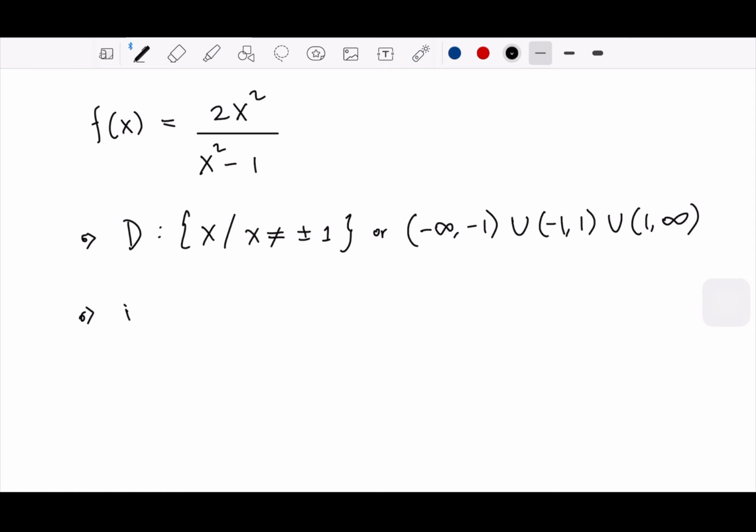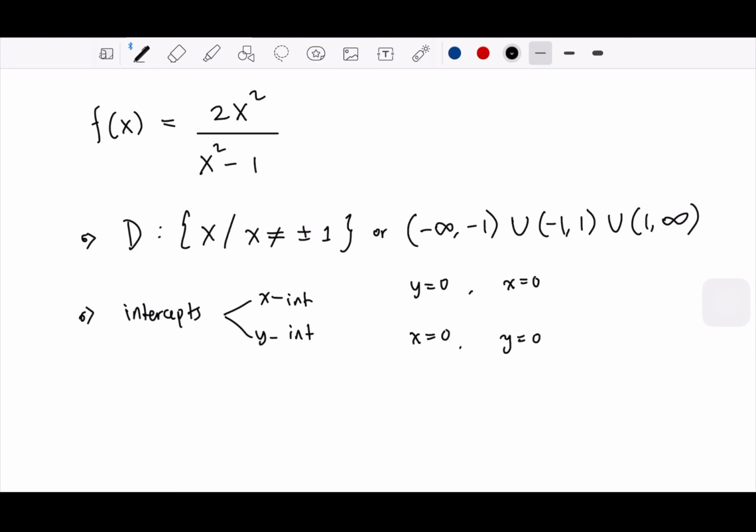And then the intercepts, x and y intercept. We can check when y is 0, what is x, and both are actually equivalent. When y is 0, x is 0.